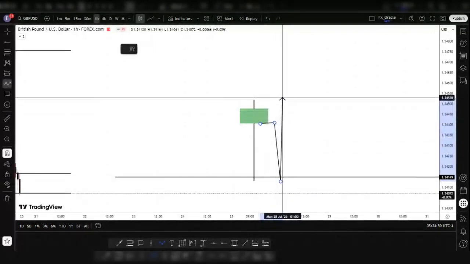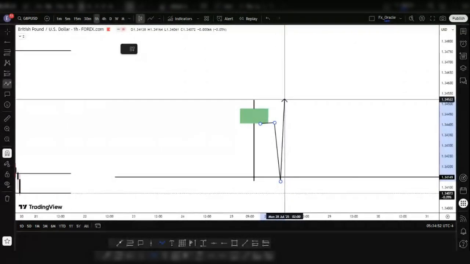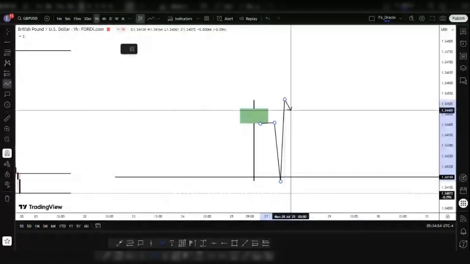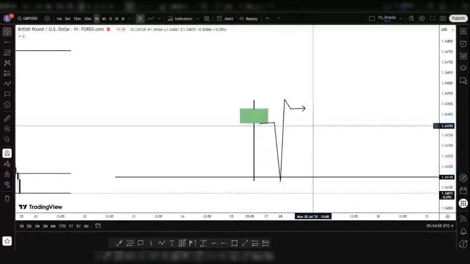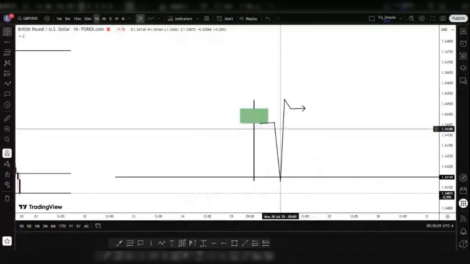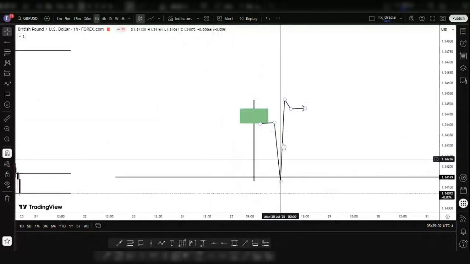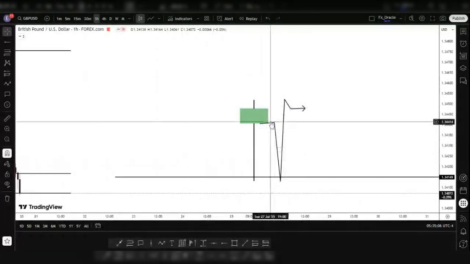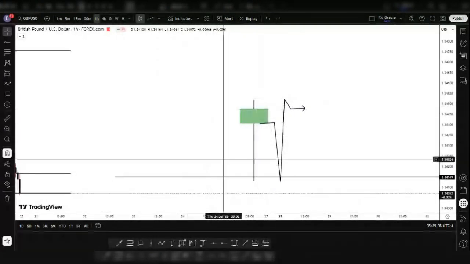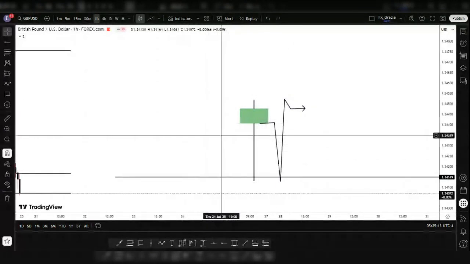Pulls back up, gets to this high, pauses, and retraces, and closes at this level. So it shows you that price is about to reverse. So this is called a reversal candle.